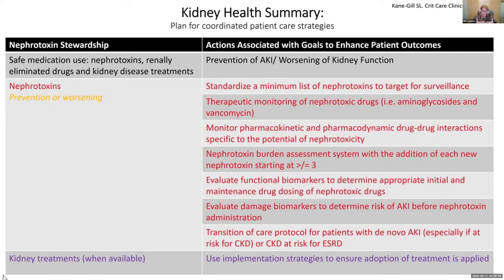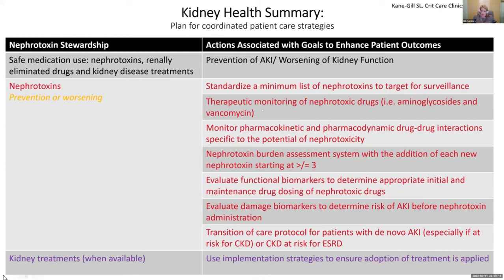Your opinion of which drugs are nephrotoxic is usually based on your experiences, and some in the literature, but based on experiences as well. So we would not all have the same list that we're monitoring. So you want to standardize this list for your institution to make sure everybody's on the same page.